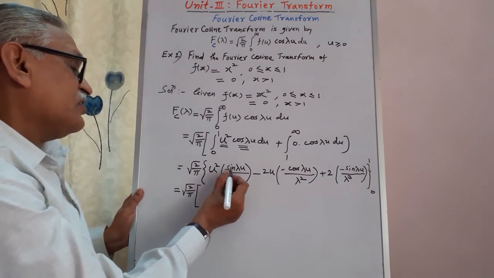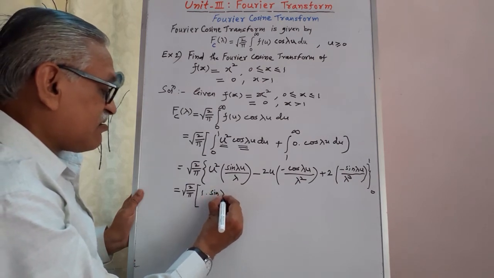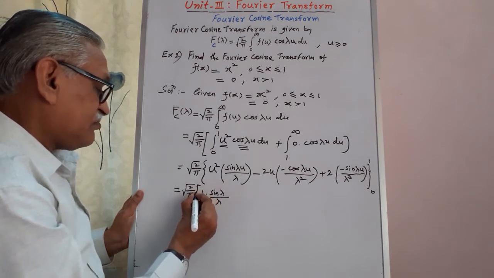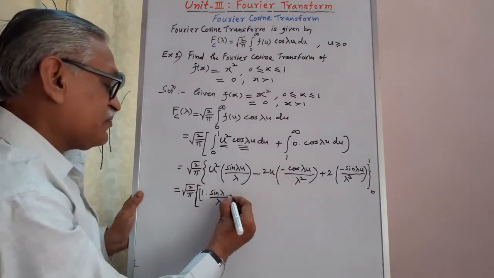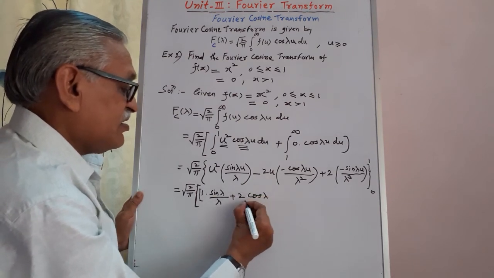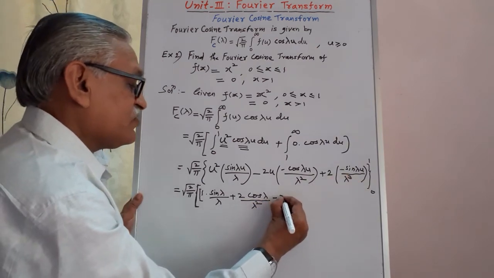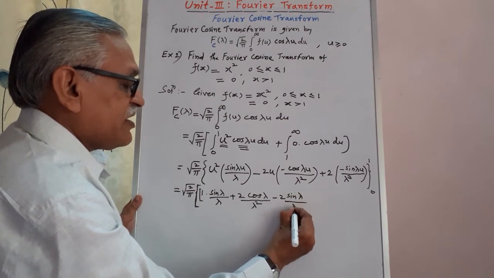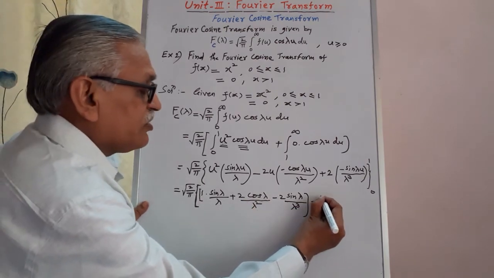Here it is 1 square, 1 sine of lambda divided by lambda, minus minus plus 2 cos lambda divided by lambda square, minus 2 sin lambda divided by lambda cube. These three terms are for the upper limit minus lower limit.